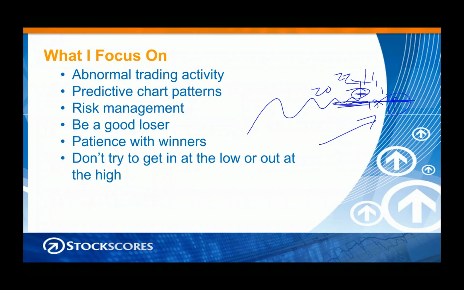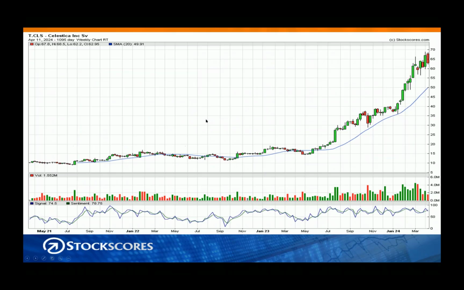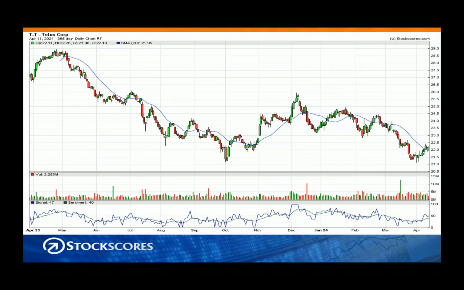So if we go back to the TELUS chart, if I can get back to that. Okay, so on TELUS, there was a floor defined there. It's the point where price stopped going down and started going up.